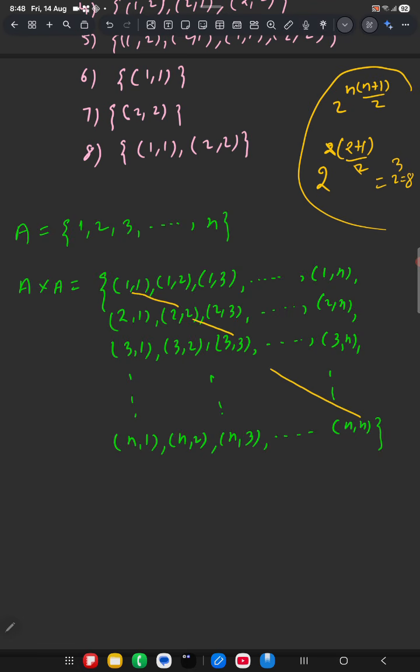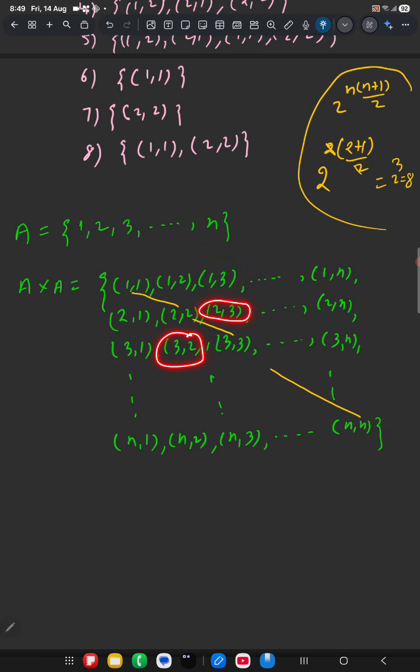Now you can see one thing very clearly. Whatever element is there in the above diagonal, like 1 2, its reverse element is there in the below position. 1 3, then 3 1. Similarly for 3 2 also: this is your 2 3, this is your 3 2.